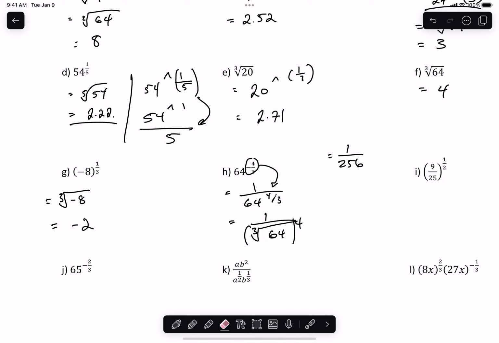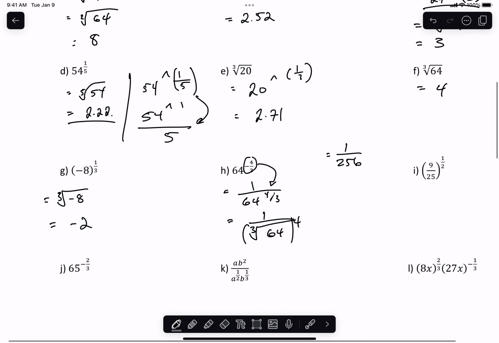Okay, question I. That is an example of a question that I could expect you to do without a calculator. So again, we're going to apply a power law from yesterday. The power law said if I have powers raised to powers, you're going to multiply. As well, there's a bit of a quotient law in there as well.